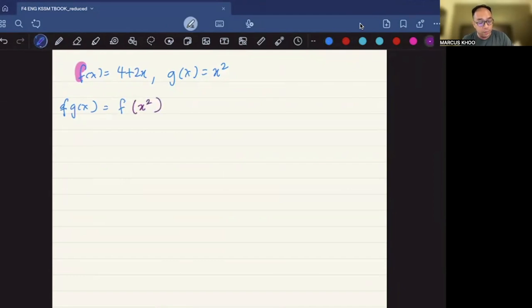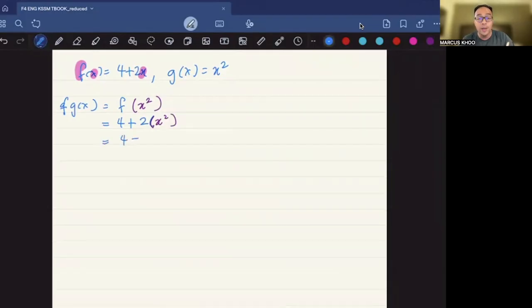My object has become x squared now, but the original one is x. So I'm going to put this into the equation. 4 plus 2, and then my object has become x squared. So this will give me the answer 4 plus 2x squared.